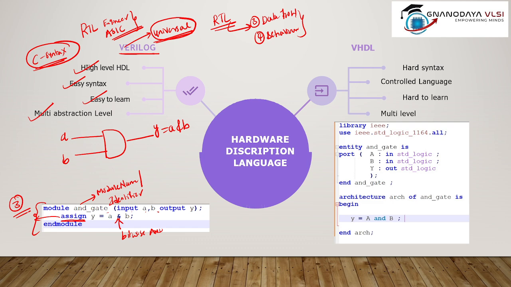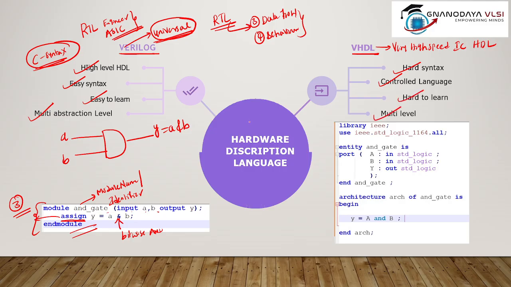Coming to VHDL. What is the full form of VHDL? Very High Speed Integrated Circuits Hardware Description Language. You are describing the hardware in textual form or in terms of programming, that is nothing but HDL. It has hard syntax, is a strongly controlled language, hard to learn, and has multi-level abstraction.